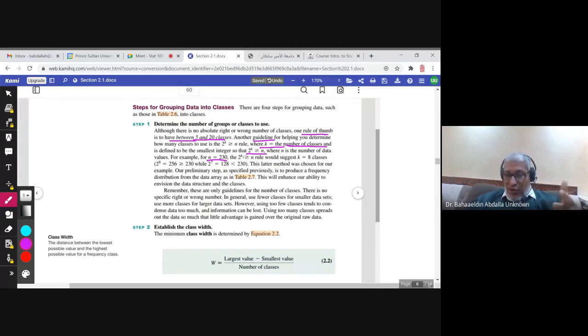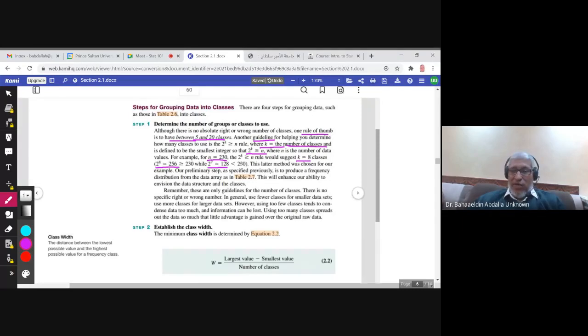So you search for k such that 2 to the power k is greater than or equal to 230. You start trying 2 to the power 1, 2 to the power 2, 2 to the power 3. 2 to the power 7 would be 128, not greater than 230, so it's not good. 2 to the power 8 will be 256, greater than 230. So 8 classes are good. So you choose k equals 8.